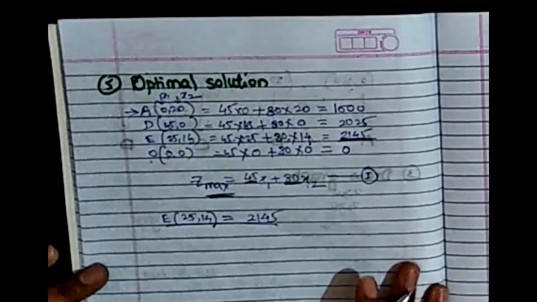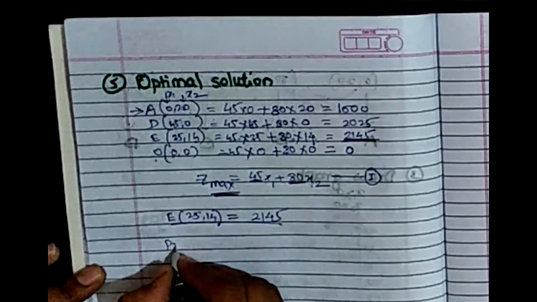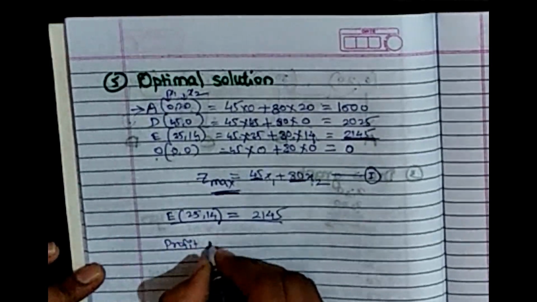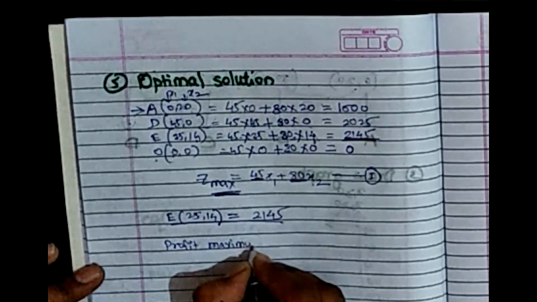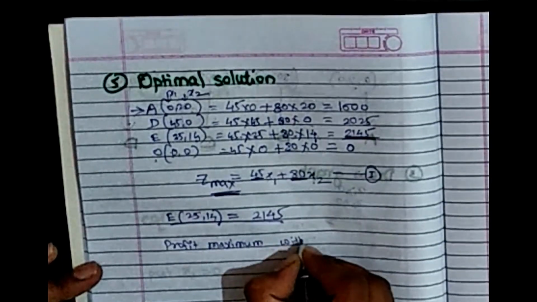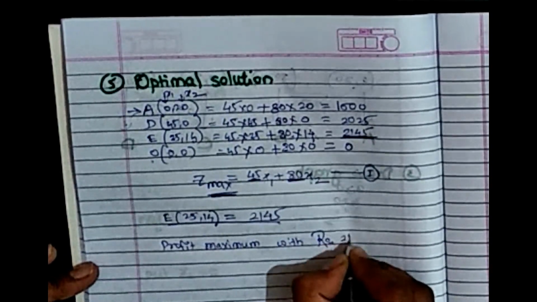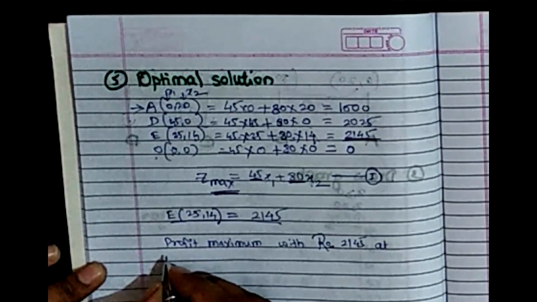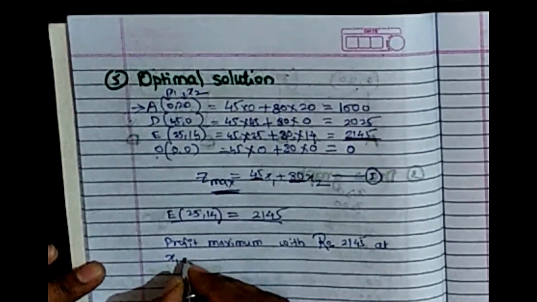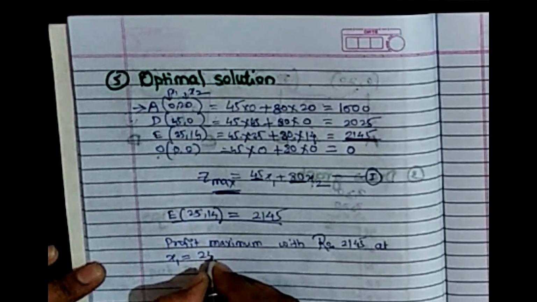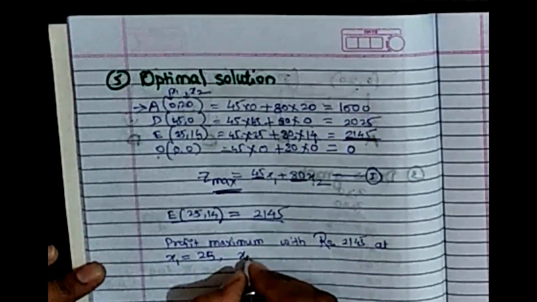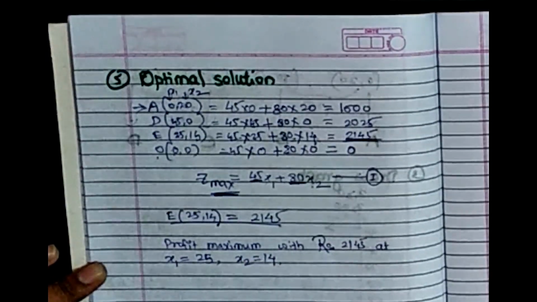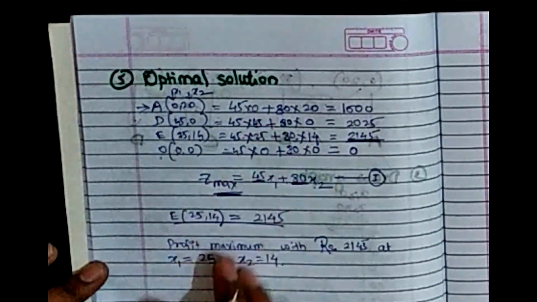So now we'll conclude that our profit is maximum, at rupees 2145, at x1 equal to 25 and x2 equal to 14. So this is our final solution.